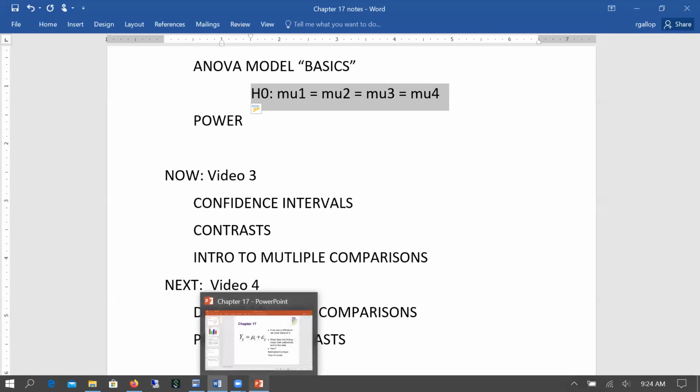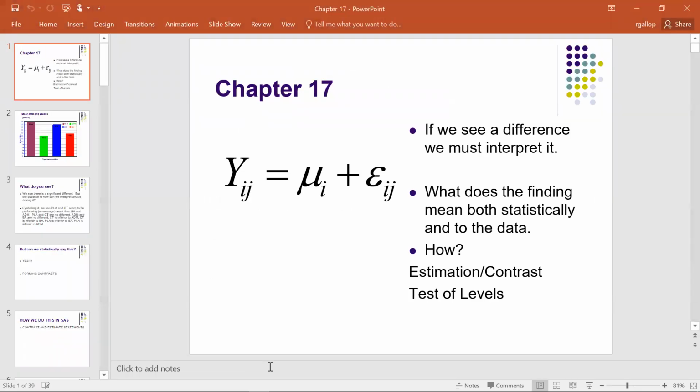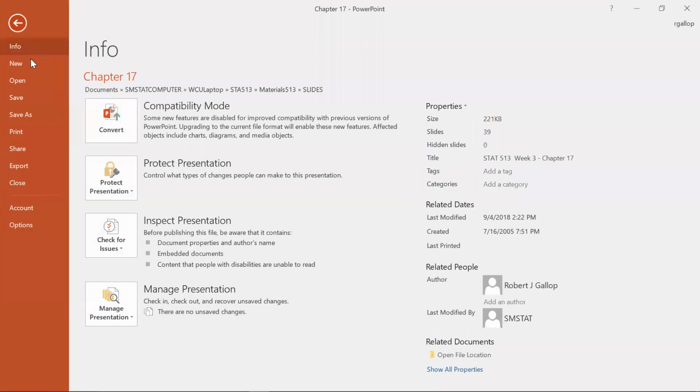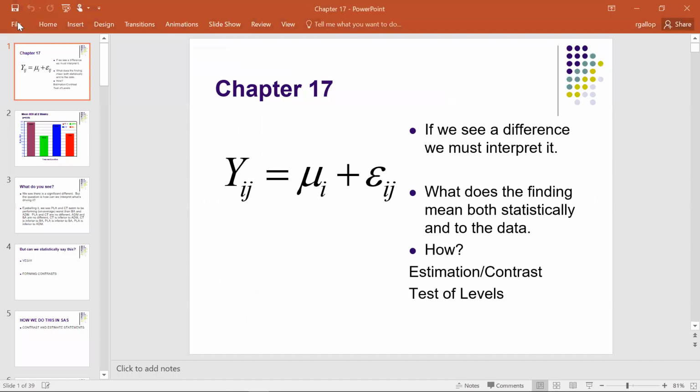And as we get to this, we're going to jump to our PowerPoint slides. So the slides for chapter 17 that you guys can see, I call this chapter 17, are the slides that you guys will find on D2L. So our cell mean model layout we saw last two videos for the ANOVA model.